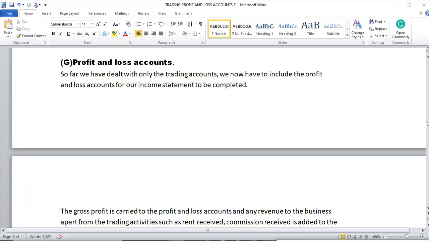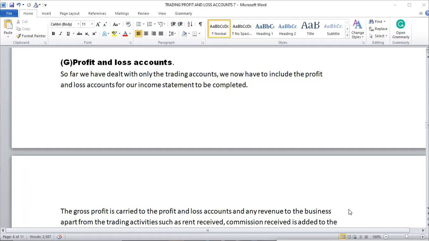As I said, we have already done the first part, that is the trading account. So we continue from there. We arrive at the trading account by taking the total sales for the period.